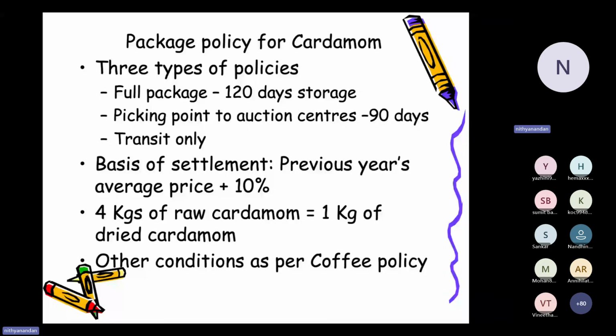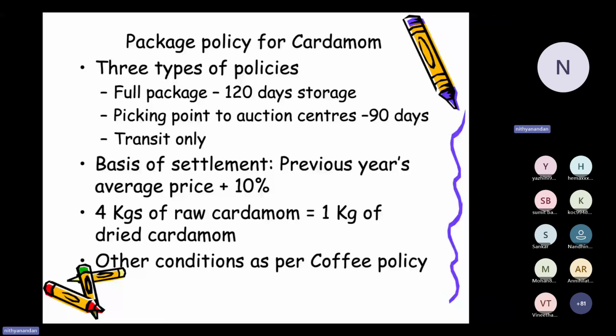After tea is processed and packed, then only the price can be fixed. Suppose something happens during the transit from the garden to the factory, how can you fix the price? Because there is no sale. The garden belongs to the insured, the factory also belongs to the insured. So there is no sale.